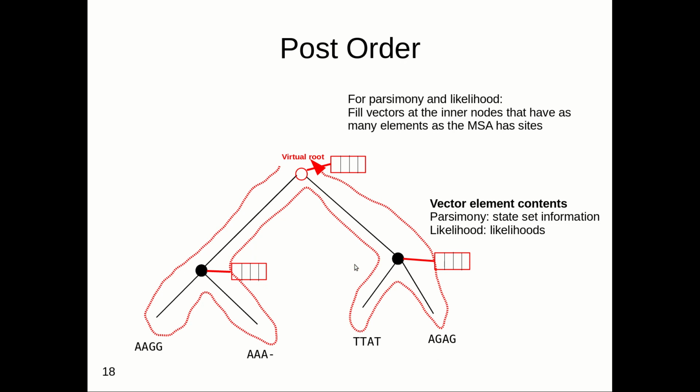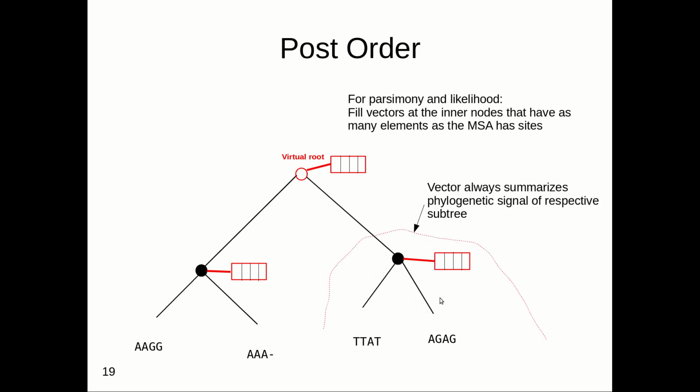This "given the subtree" means that we're computing a conditional likelihood. As I've already said, the vector always summarizes the phylogenetic signal of the respective subtree that is located below the inner node.